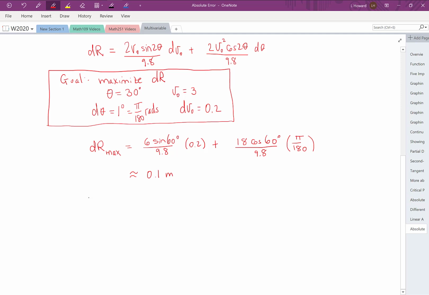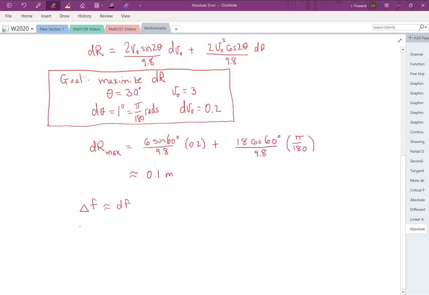And you may remember from our previous discussion on differentials that the actual change in a function, or the actual error in a function, is delta f, whereas the way we calculate that is using the differential. So df is the approximate error, whereas delta f is the actual error.